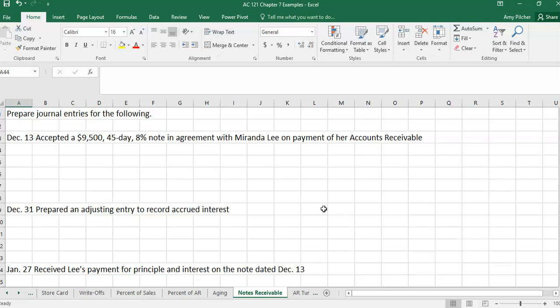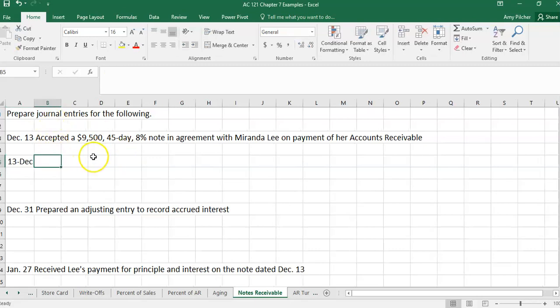On December 13th, we accept the $9,500 45-day 8% note in agreement with our client in payment for her accounts receivable. So we're going to record a notes receivable debit of $9,500 and we're going to credit her account receivable.